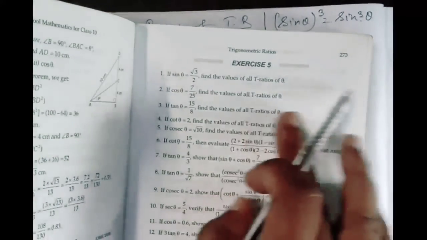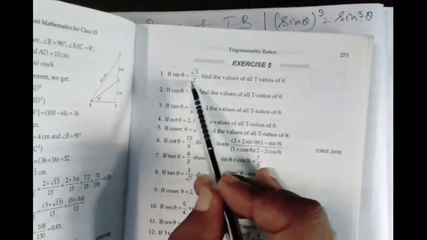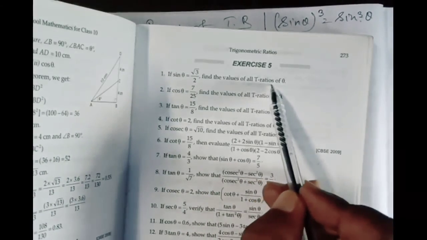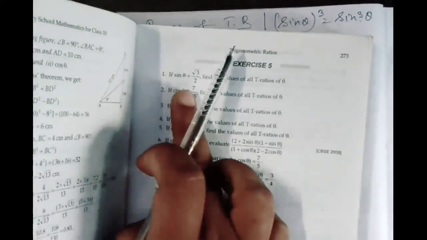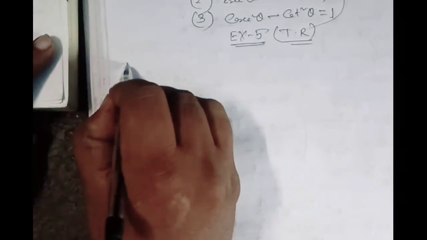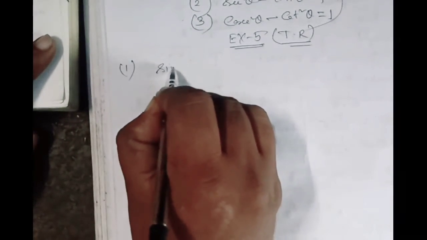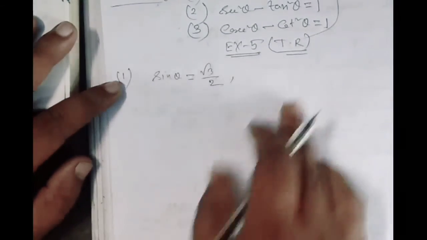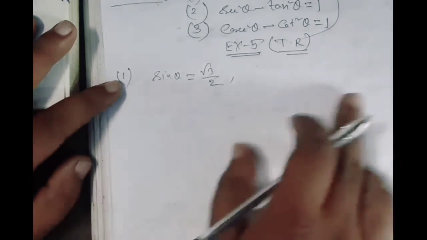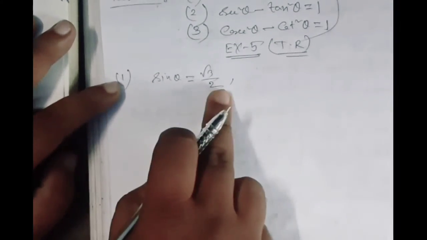So if sin theta is equal to root 3 by 2, find the value of all trigonometric ratios of theta. So sin theta is given here as root 3 by 2, and we have to find all the trigonometric ratios.